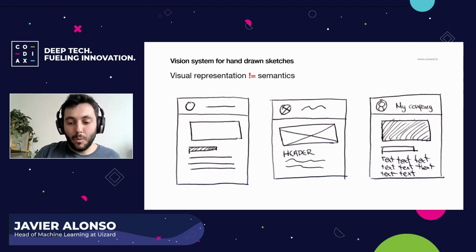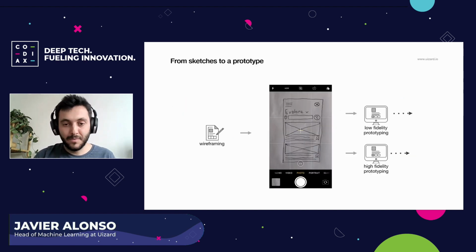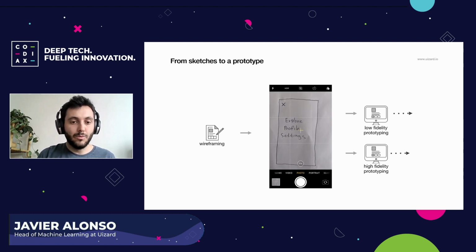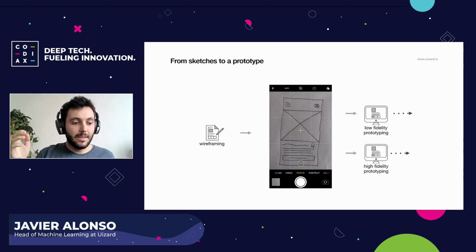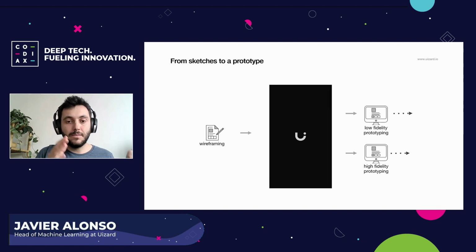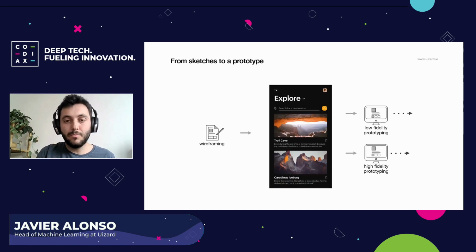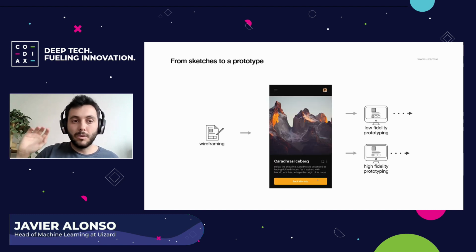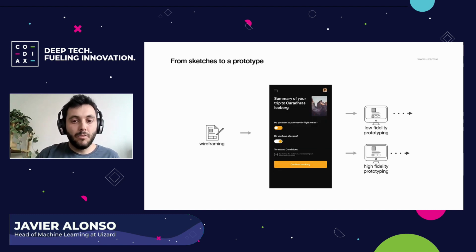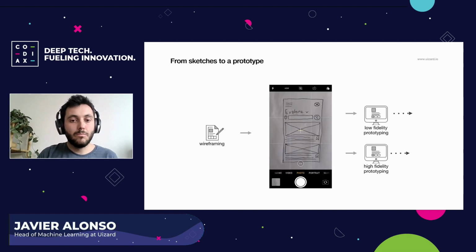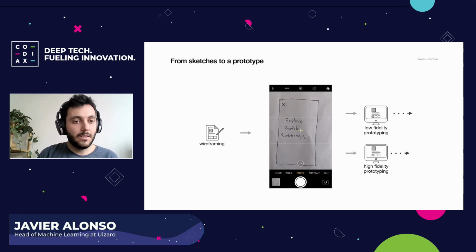But the good thing is that once you get over all of these, or at least some of these problems, you get quite an interesting product, because you are able to allow everyone, by just sketching something on a piece of paper, to continue their journey in a few seconds, doing prototyping, both low fidelity and high fidelity, whatever they're interested in.